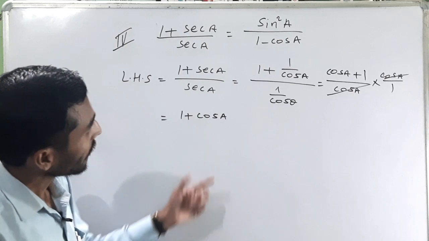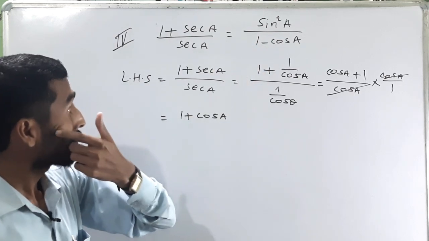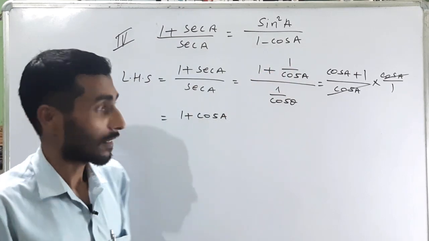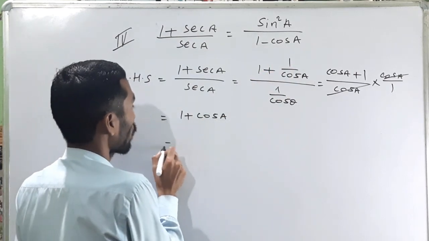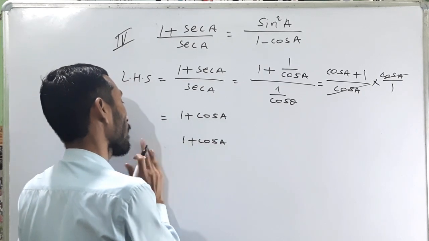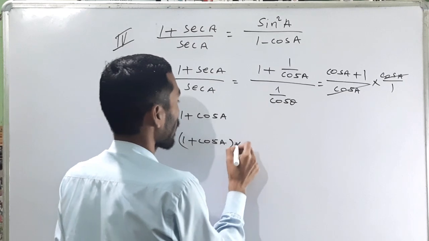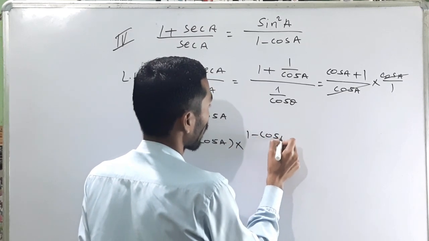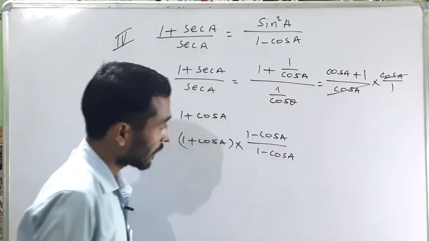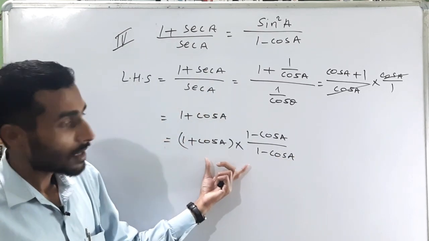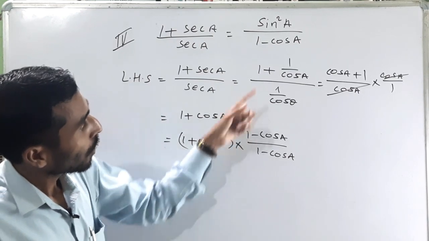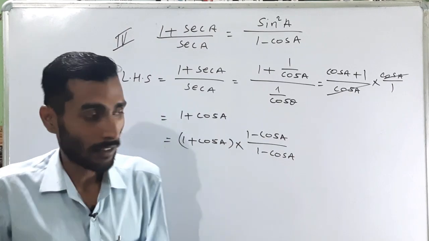Now how can we change this into this? Basically we need 1 minus cos A in the denominator. That's why we can do (1 plus cos A) into (1 minus cos A) by (1 minus cos A). I have done it because we need 1 minus cos in the denominator.